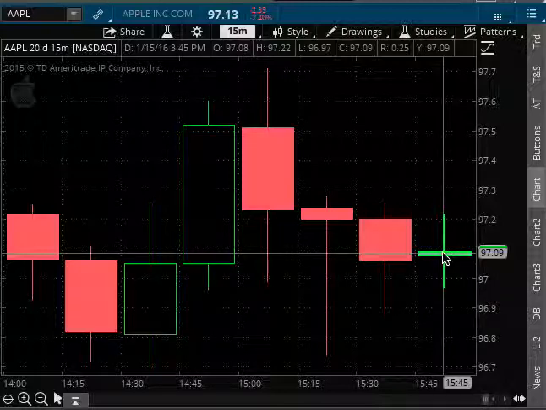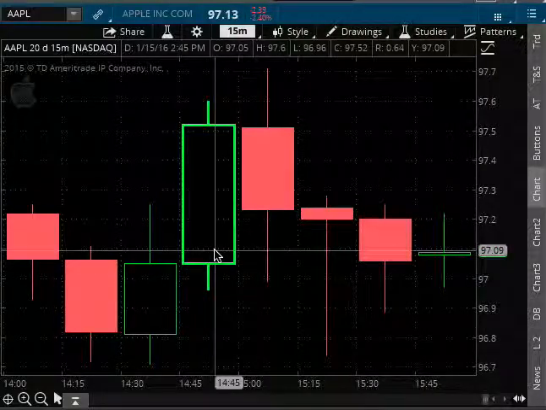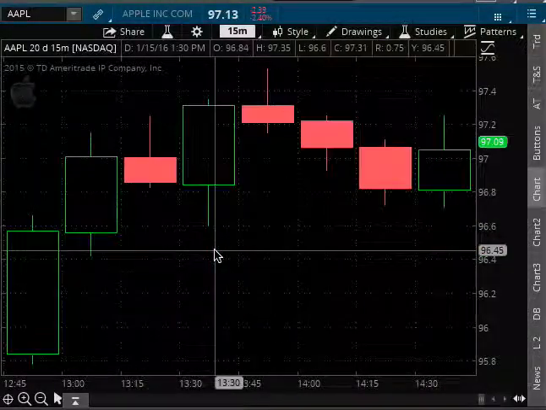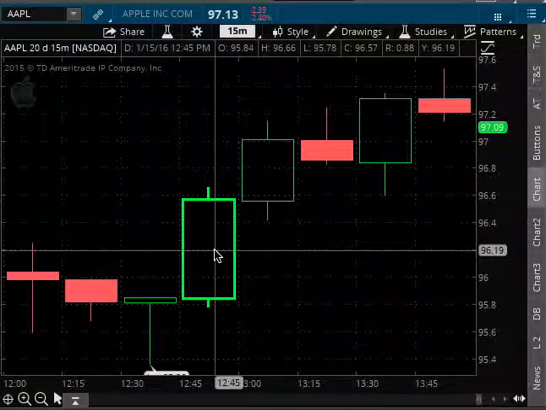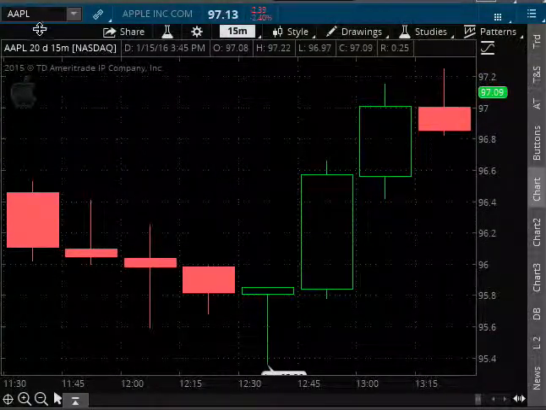So if you bought Apple at the open yesterday at $96.20, you actually gained about 89 cents, I believe. And that's a nice little profit depending on how many shares you want, or what your target price is on that particular stock.